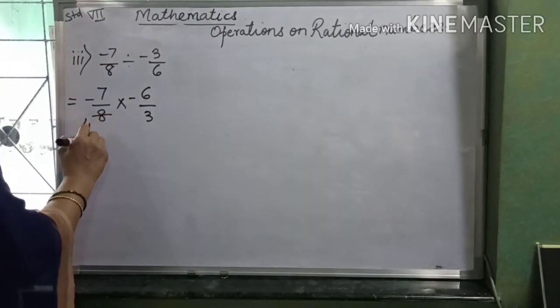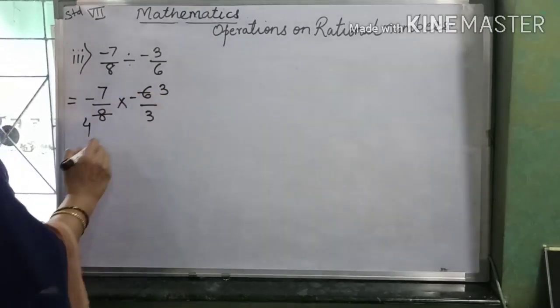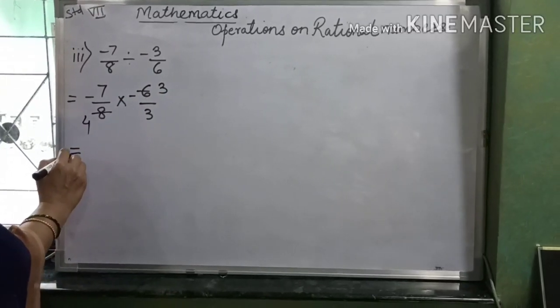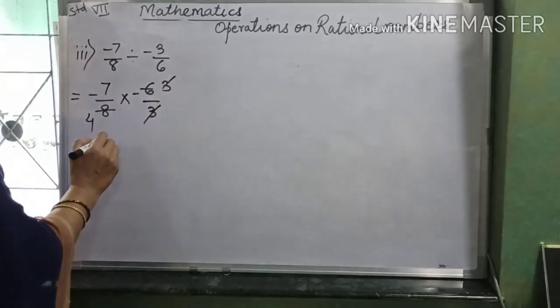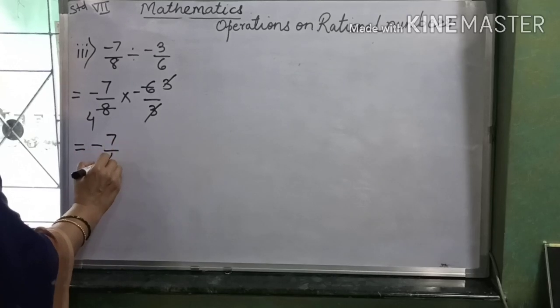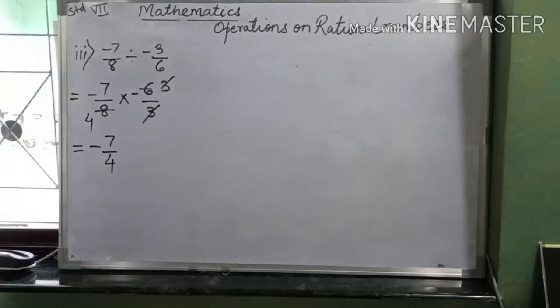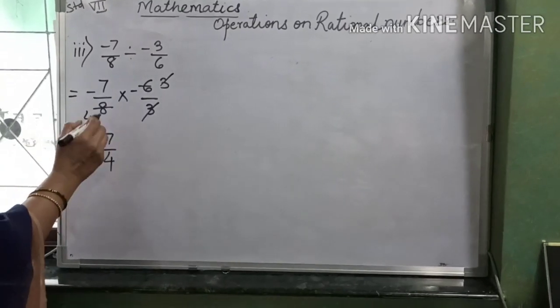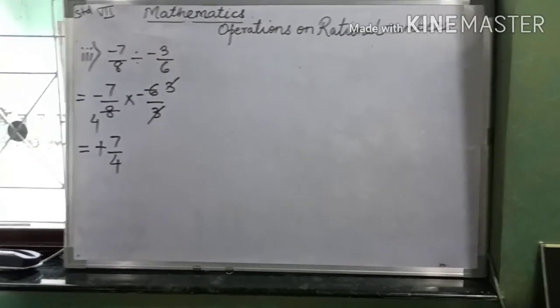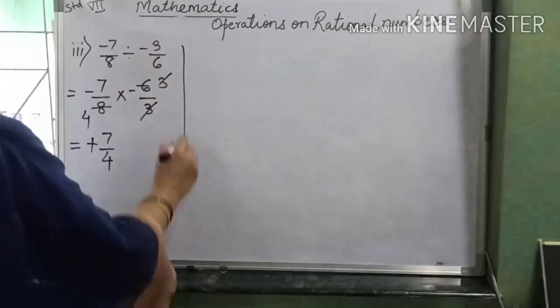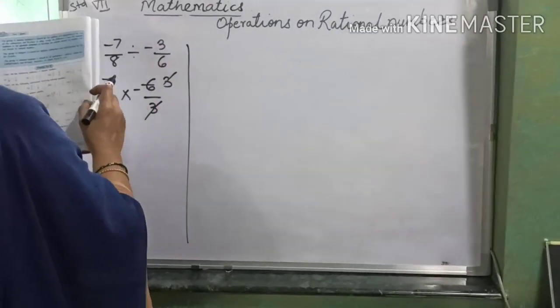So 2 fours are 8 and 2 threes are 6. So the answer comes, now 3 and 3 get cancelled, minus 7 upon 4. Minus minus will become plus.